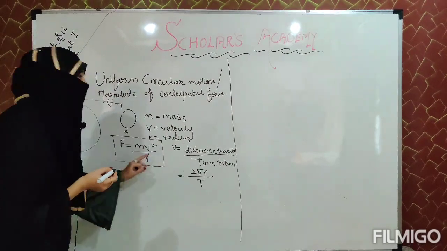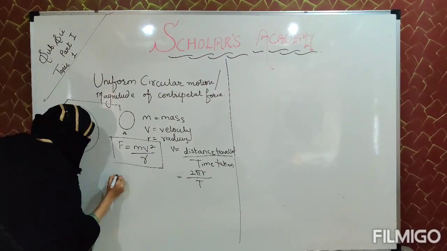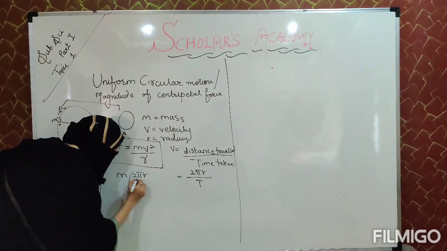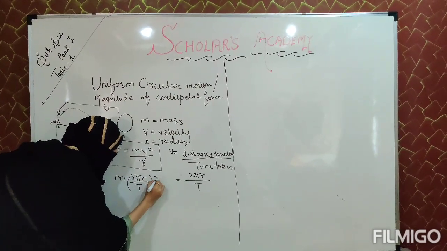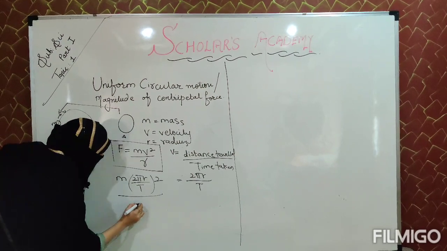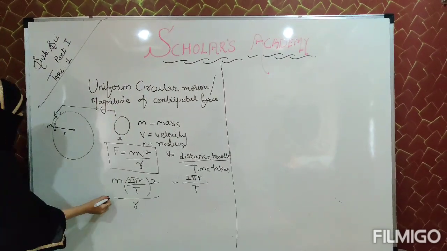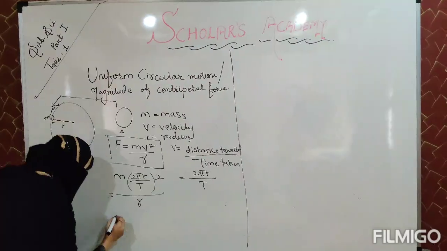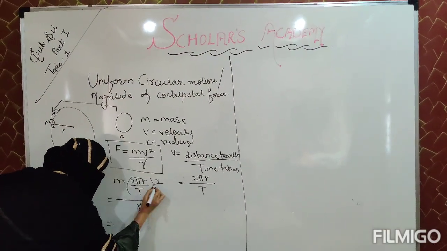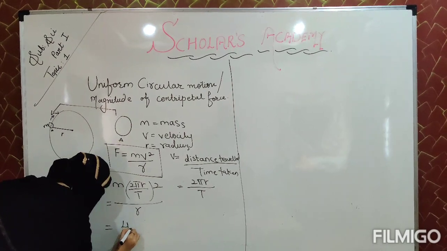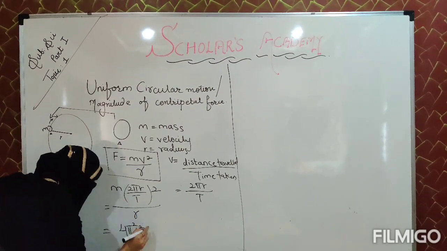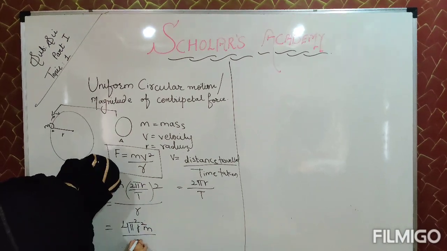Putting this value of v in this equation, the equation will become m times (2 pi r by t) whole square, divided by r. Now you can expand the equation. Expanding this bracket will give 4 pi square r square, and this m divided by r.